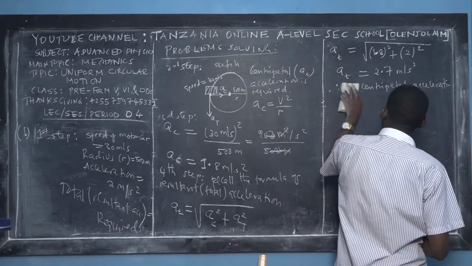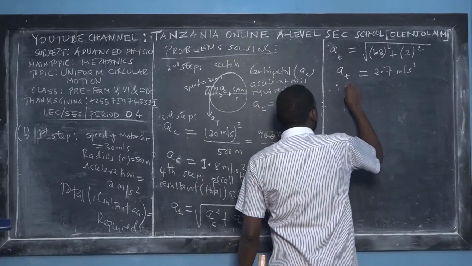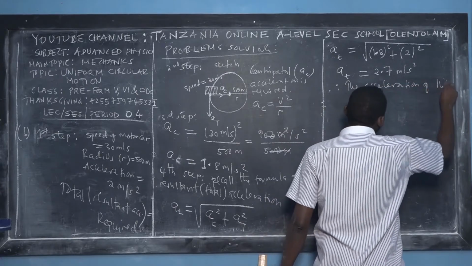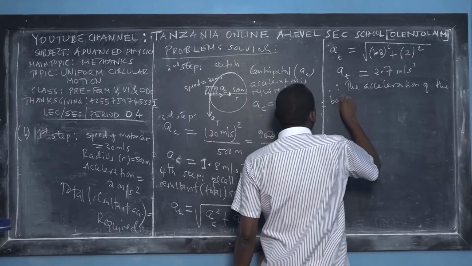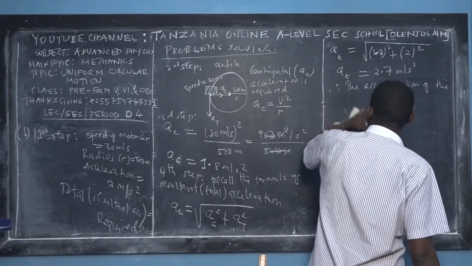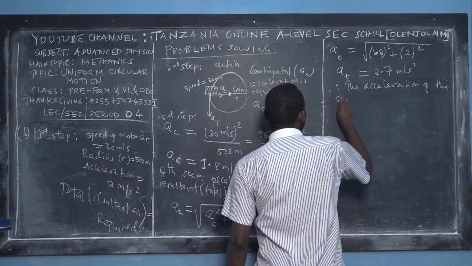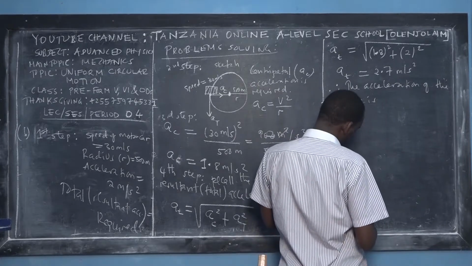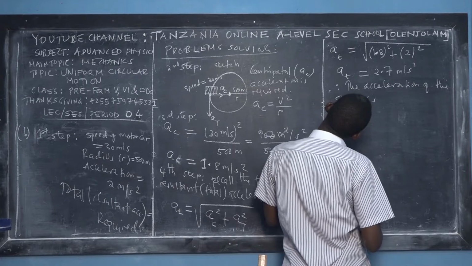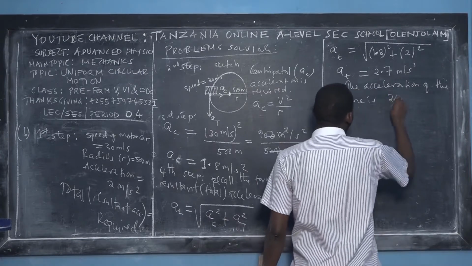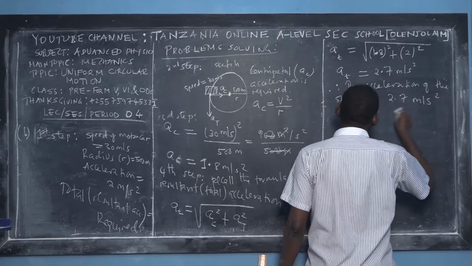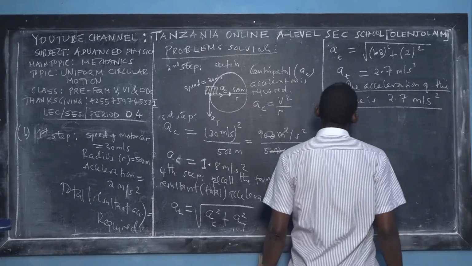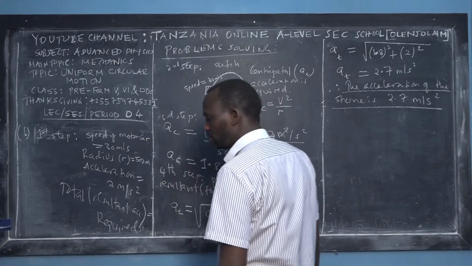So it is not the centripetal, but the total acceleration of the body is 2.7 meters per second square.